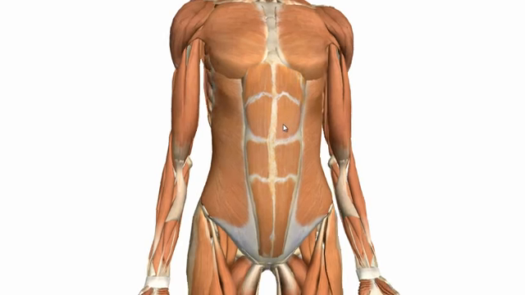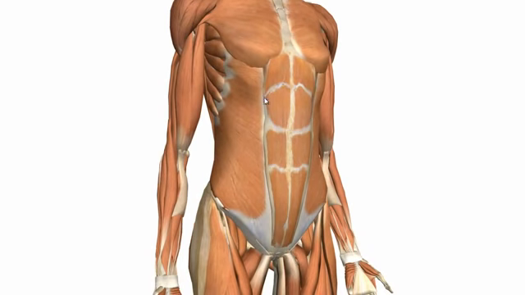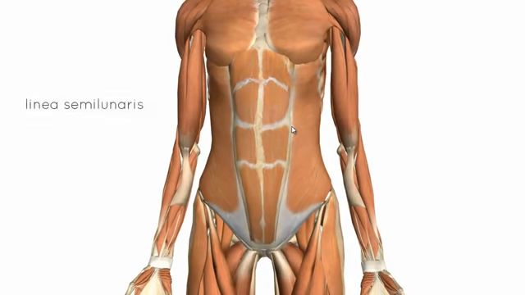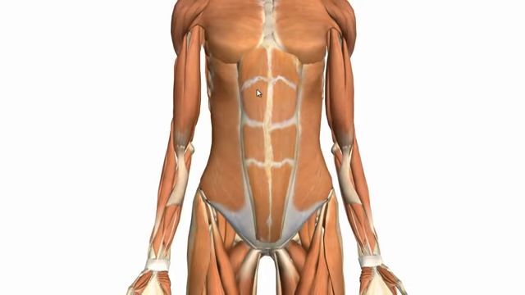So a couple of other things to just point out. So you can see another white line which lies on the edge of the rectus abdominis muscle on either side. So this is called the linea semilunaris. And then you can see these horizontal intersections which separate up the muscle bellies of the rectus abdominis.